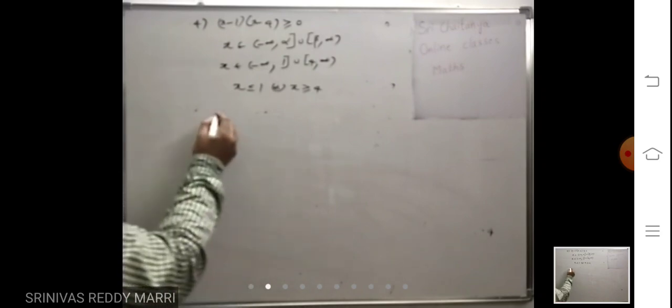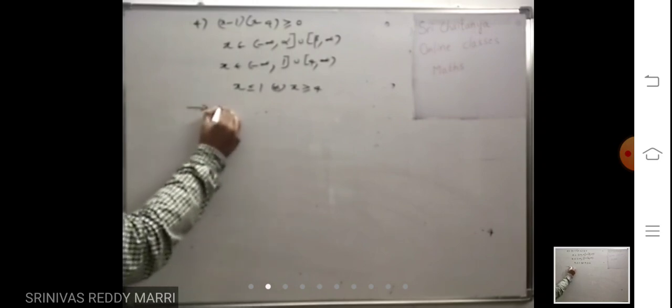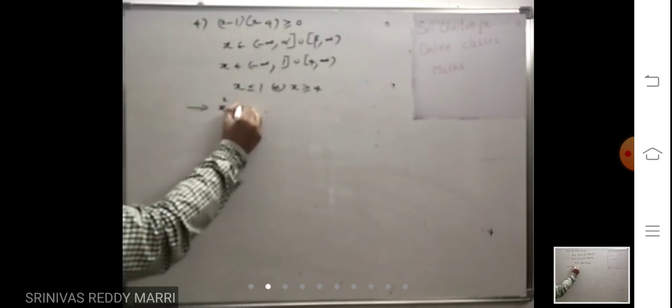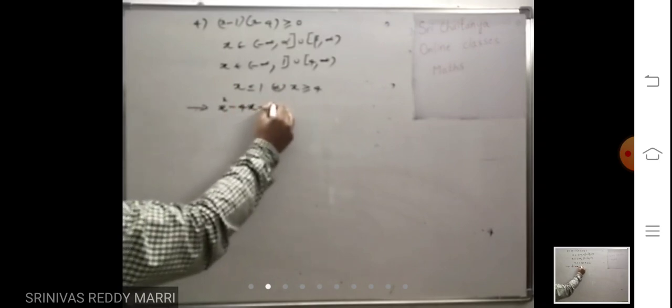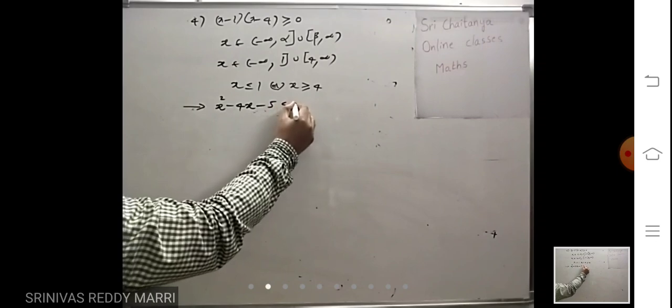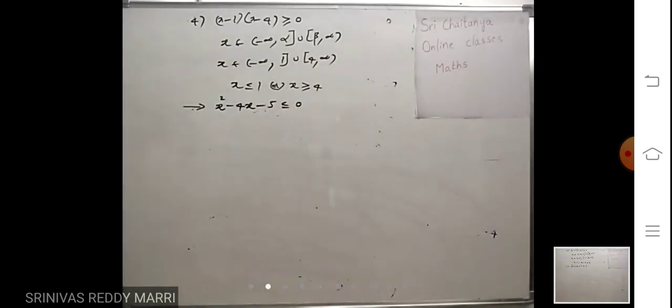Look at, suppose, take one example. x square minus 4x minus 5 less than or equal to 0. Take this example, right?